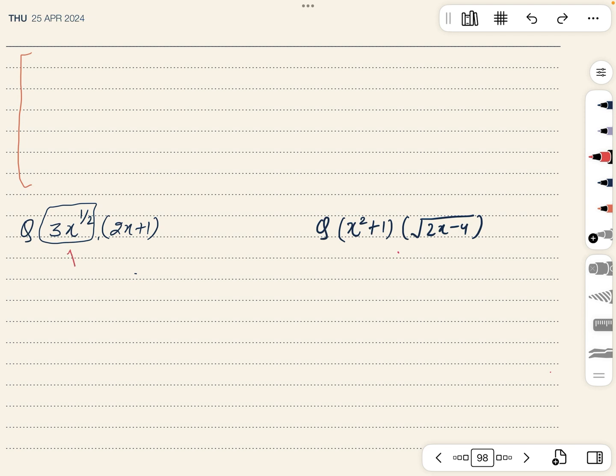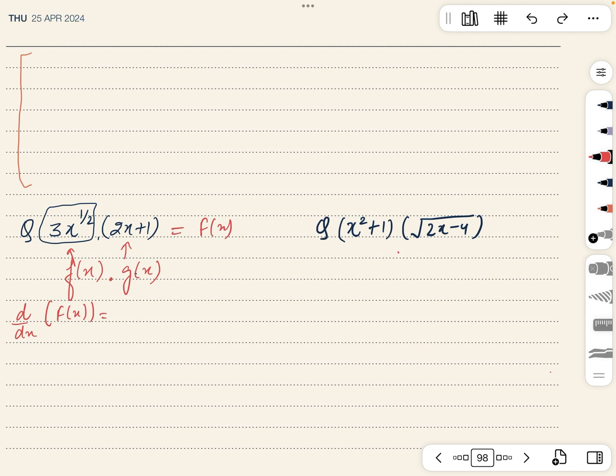So you can see that this is one of the functions, f of x, and this is the other function, g of x. That means if I have to find d by dx of f of x, the differentiation of f of x will be called f dash of x.